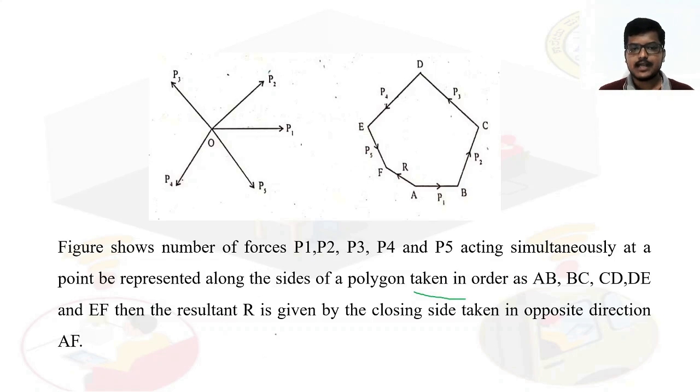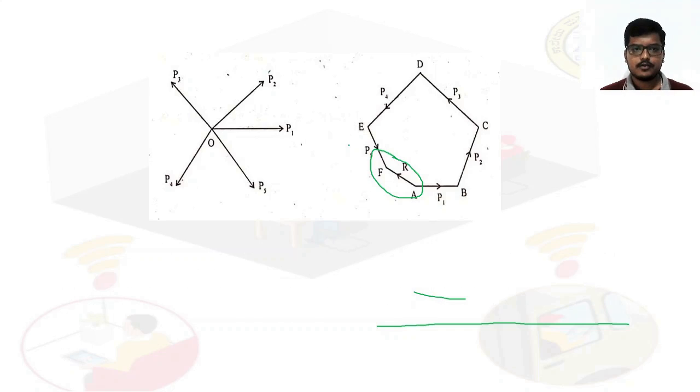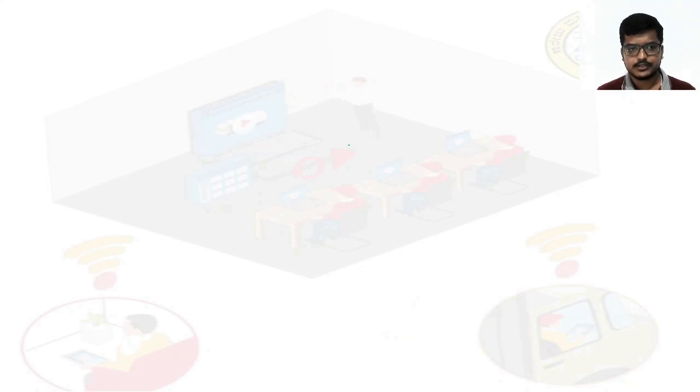The resultant R is given by the closing side taken in the opposite direction, that is AF. AF is the resultant of all these forces. So this is the polygon law of forces.